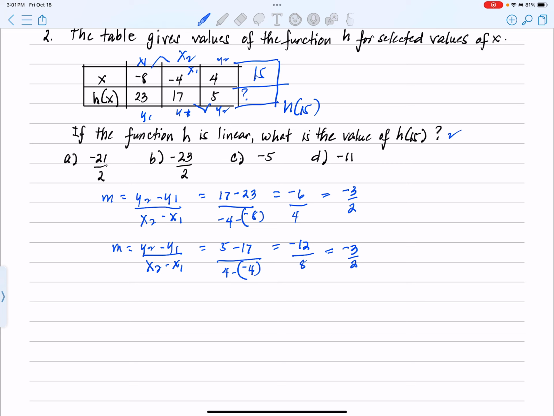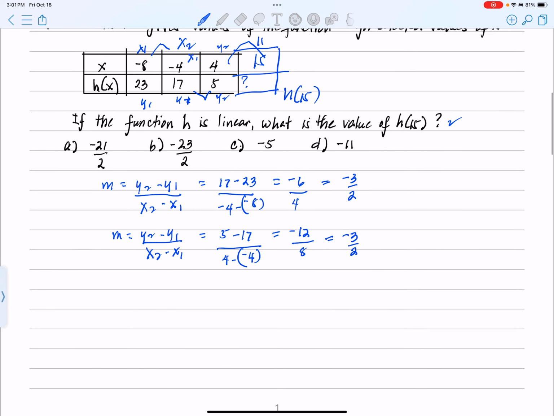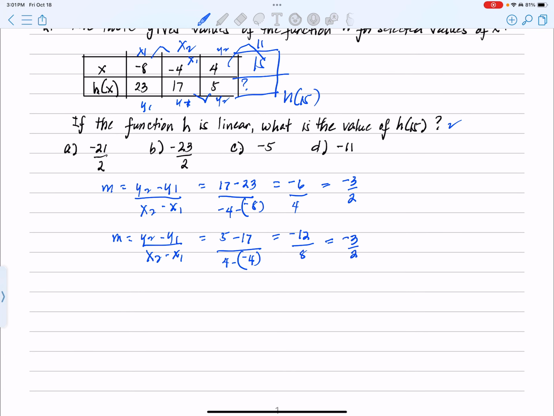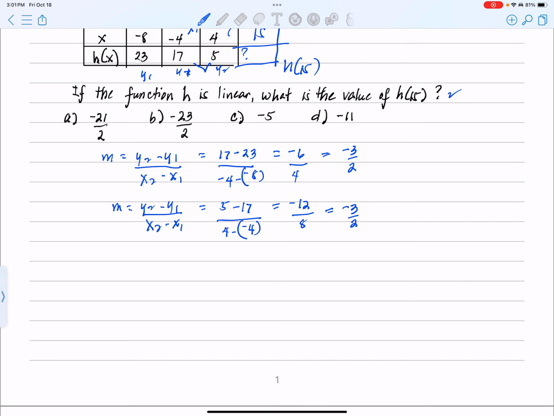Okay. The next step that we're going to do, we could get the relationship from here, right? So that would be the difference 4 to 15. That's 11 difference. All right. So let's do another slope by using these two to get the value of h of 15. We could use this slope, still the formula. I have to keep on repeating this for you to understand the relationship.